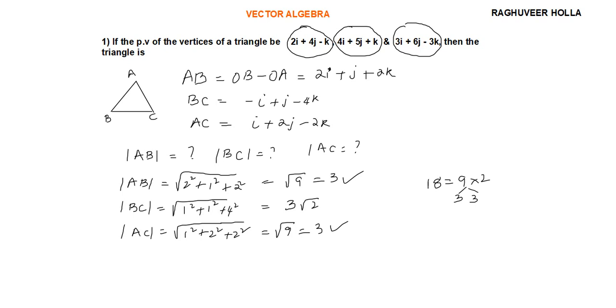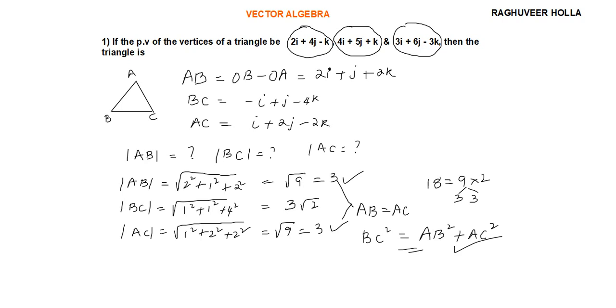So AB is equal to AC. And let us find BC square. That is equal to AB square plus AC square. When you compute it, we find that this is equal.